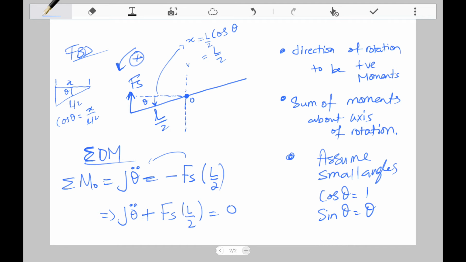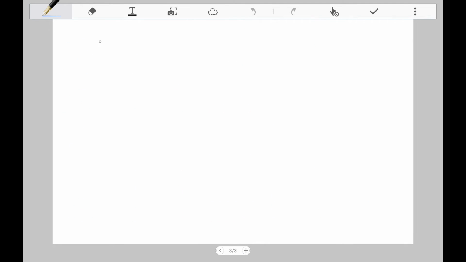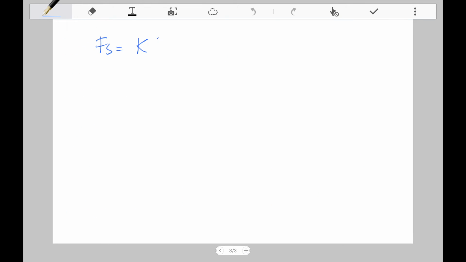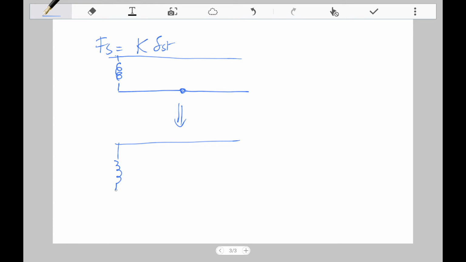Now what's Fs? Let's go to the second page. Fs is basically your k times your displacement. So if we go back and see how much the system displaced, we're going to consider the rod. Let's draw this here. In equilibrium, the rod is like this, and it rotated by this much.